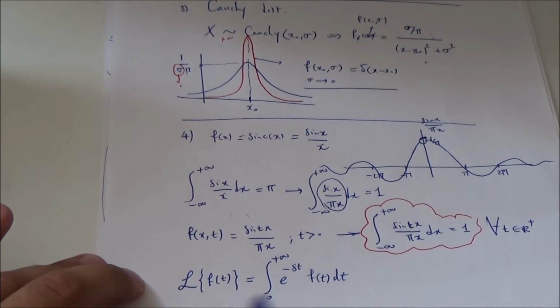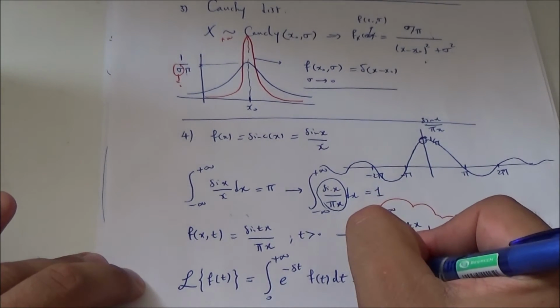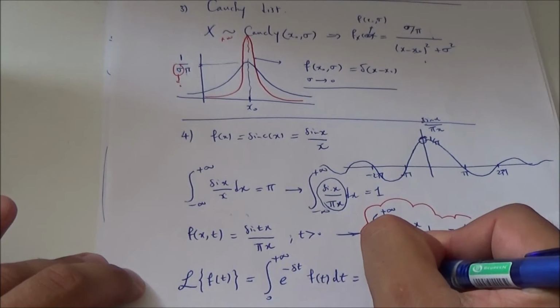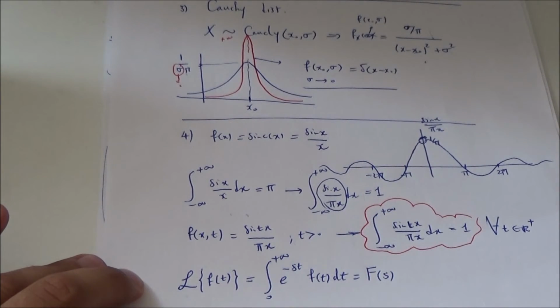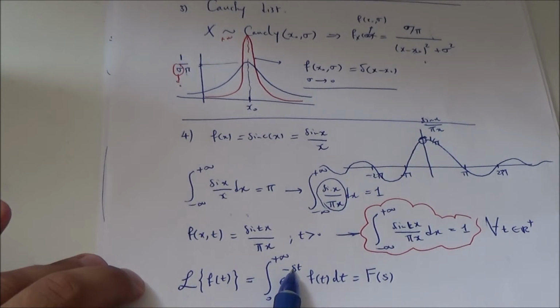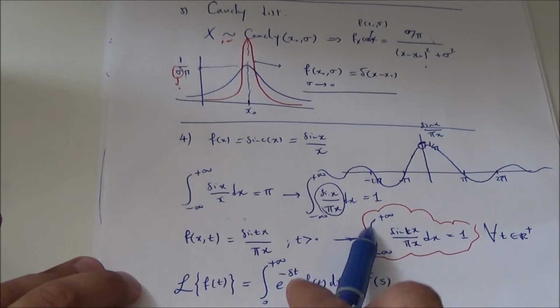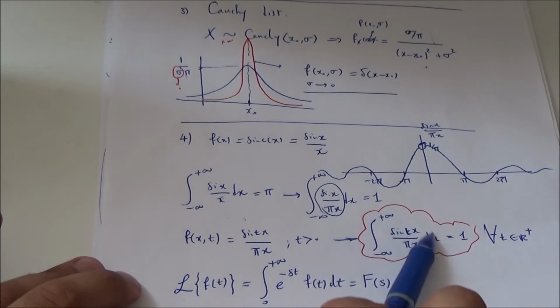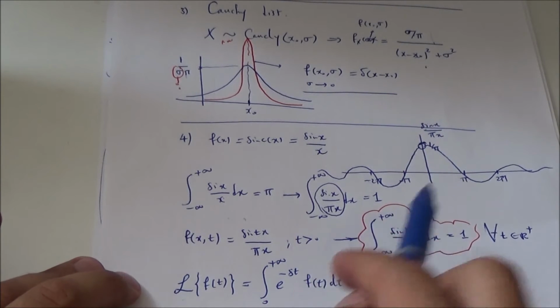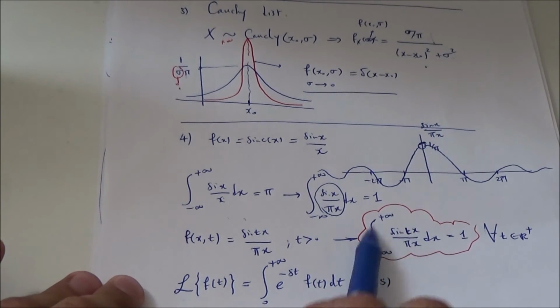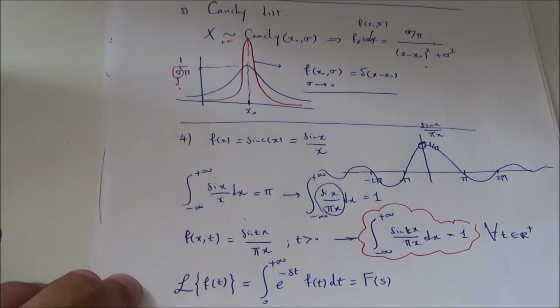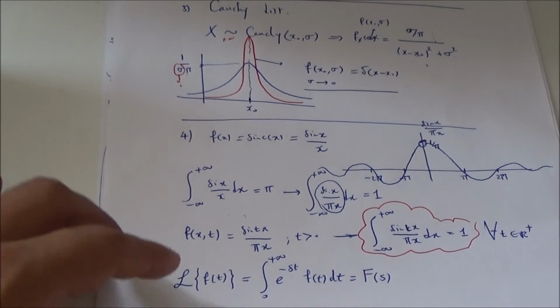This is the definition of the Laplace transformation of any function, which gives us another function of the variable s. So I will calculate the Laplace transform of this function, and the value of this function will be the inverse Laplace transform of the result.